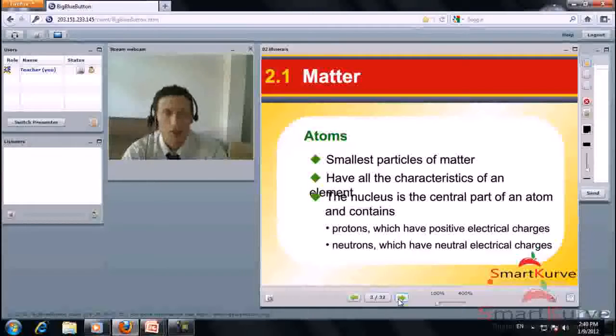What is a characteristic? That means what it looks like, how it behaves, how it acts, especially with other elements. So all of its chemical properties are going to be the same.